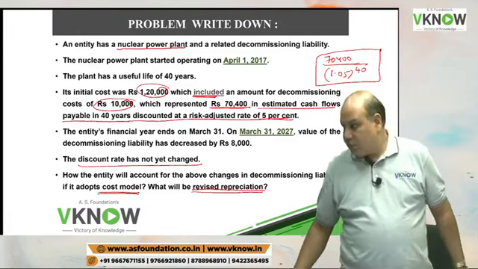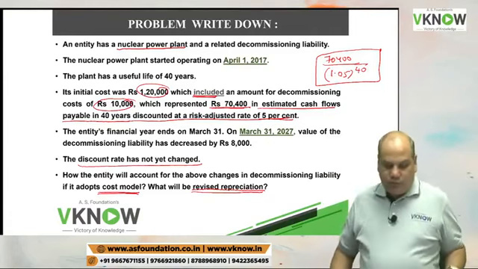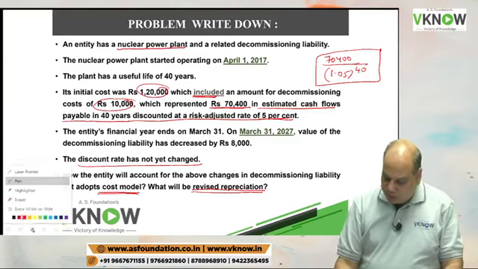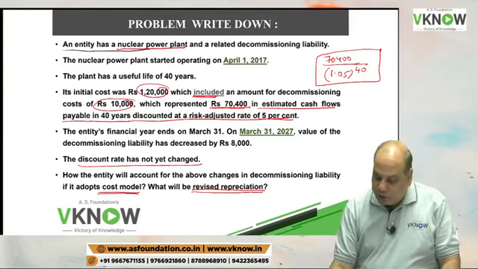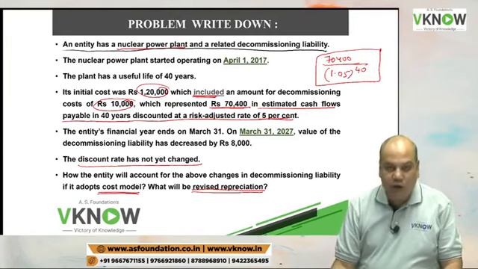Okay. So I hope all of you have noted down the question. I am going to read it and explain it to you one more time and then we'll solve together. An entity has a nuclear power plant and a related decommissioning liability.